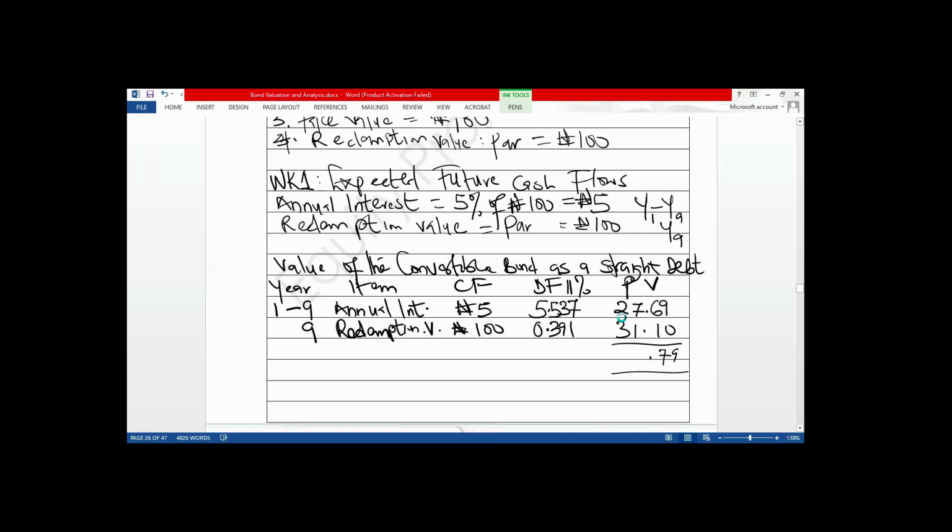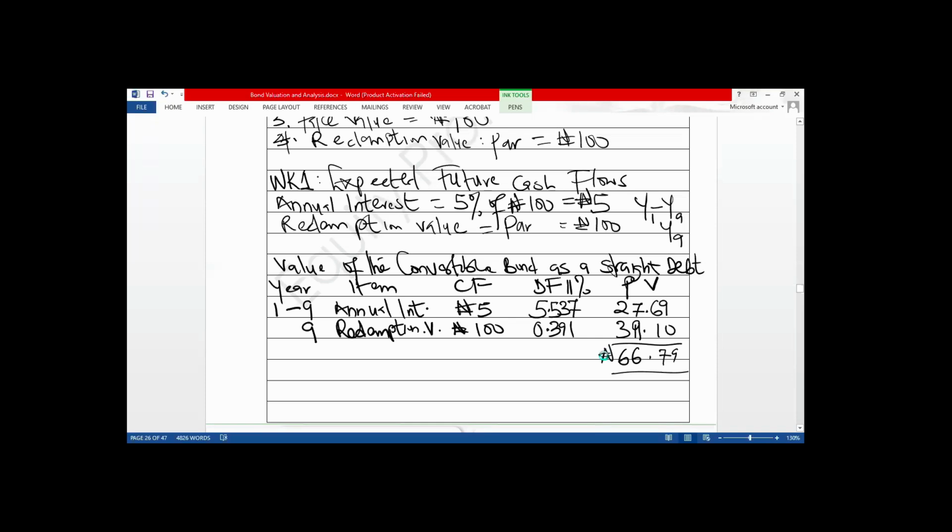The total is 66.79. This is the value of the convertible as a straight debt.